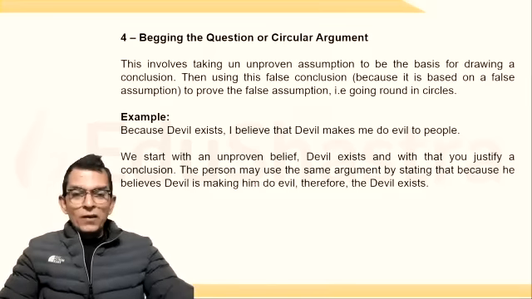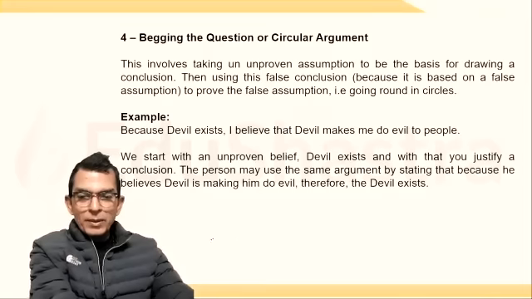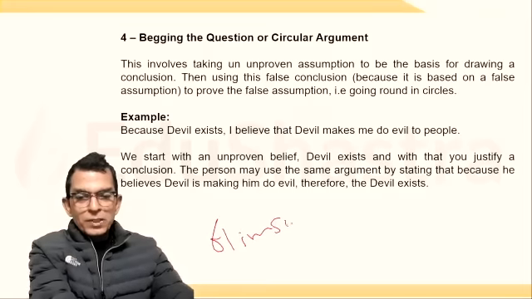On a flimsy premise, what do I do? I take a flimsy premise, the premise itself is bad, and on that I draw a conclusion. Since the premise itself is shaking, the conclusion is bound to shake. But having made the conclusion on a flimsy premise, with this conclusion I try to prove the premise. So this becomes the premise and this becomes the conclusion, and this becomes the premise and this becomes the conclusion.